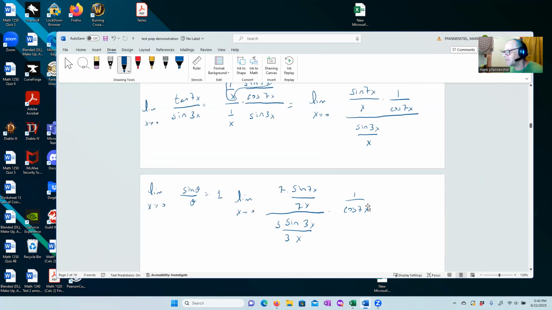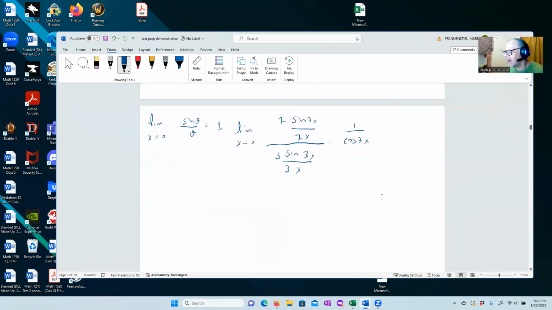But what we're going to have up at the top is 7 times this limit. And then this limit, as x goes to 0 of sine 7x divided by 7x, we know that's going to be 1. Divided by 3 times the limit as x approaches 0 of sine of 3x over 3x.